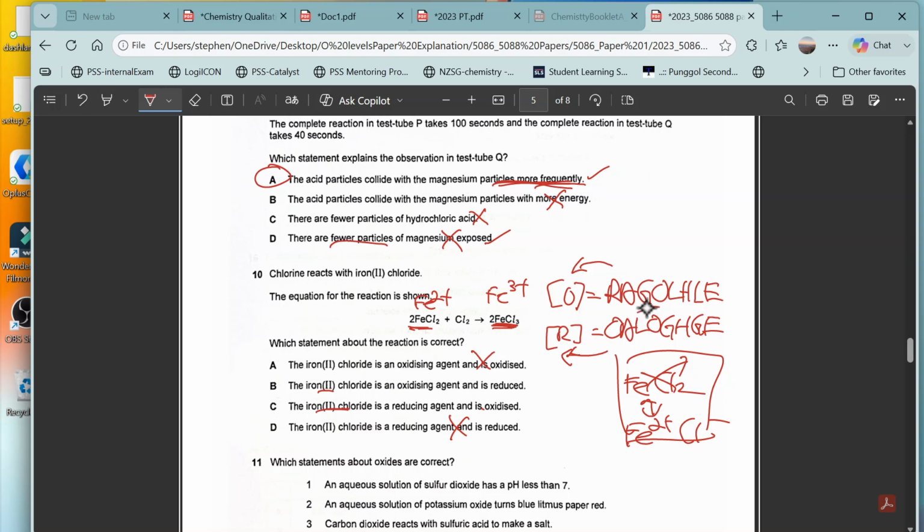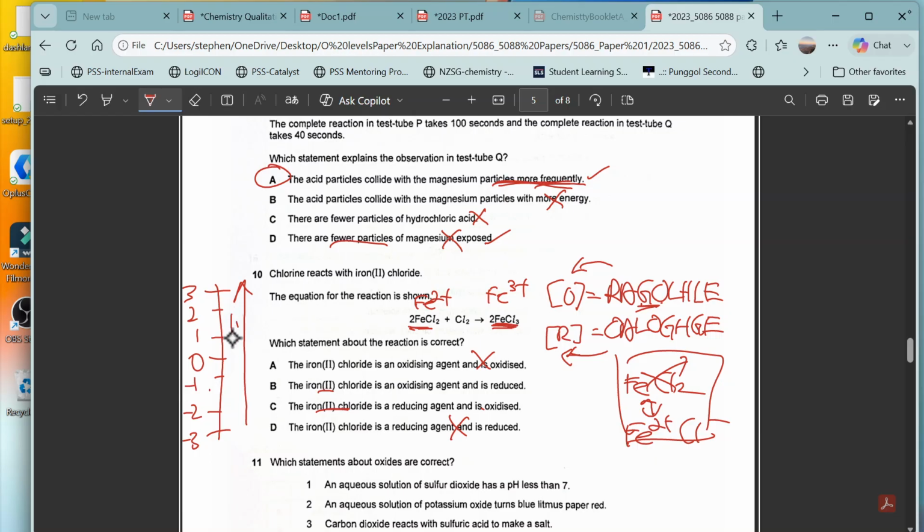So there was a gain in oxidation state. GO stands for gain in oxygen as well as gain in oxidation state. So 2 plus to 3 plus is an increase. If I draw a number line for you, put 0 here, right? So 1, 2, 3, negative 1, negative 2, negative 3. So if you go from positive 2 to positive 3, you increase in oxidation state.